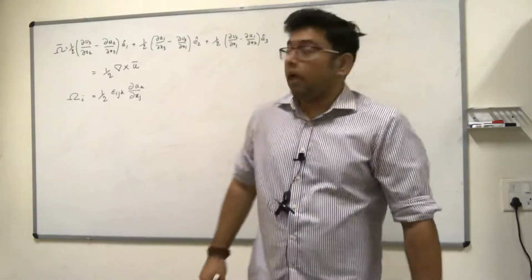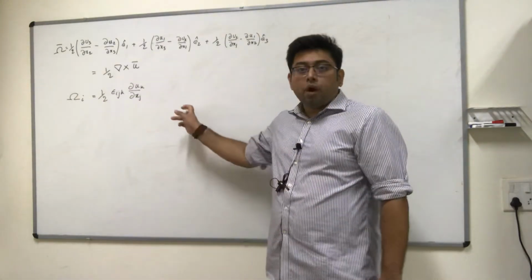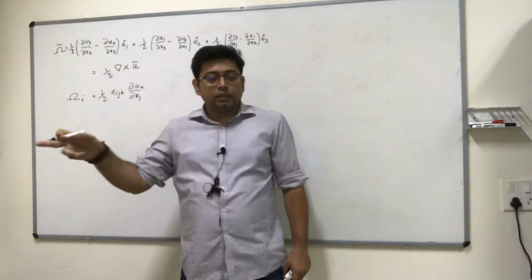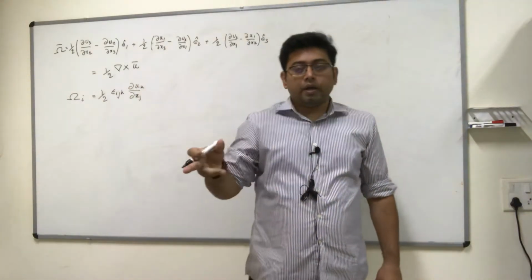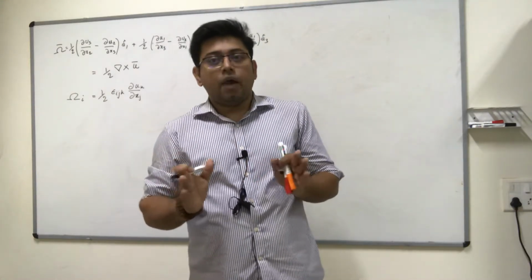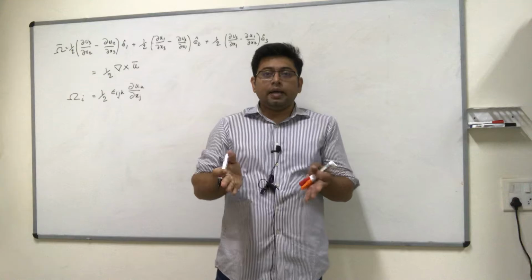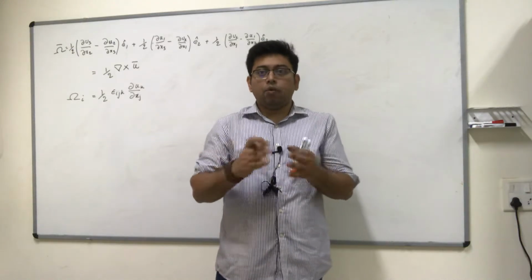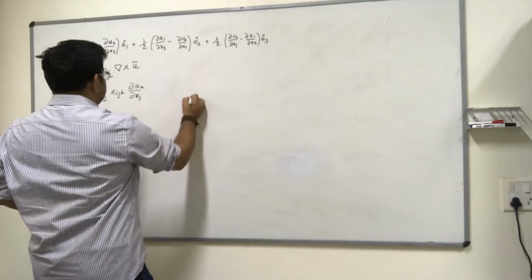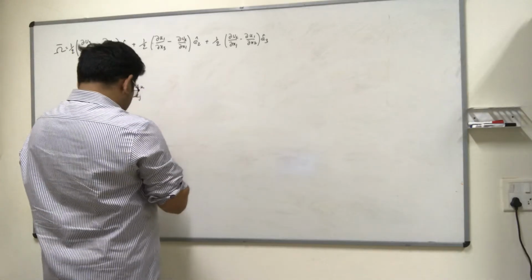So what did we do last time? If you remember the discussion we were having when we were discussing the angular deformation, we had combined dilation and angular deformation into one, and we had created a tensor called the Sij tensor.